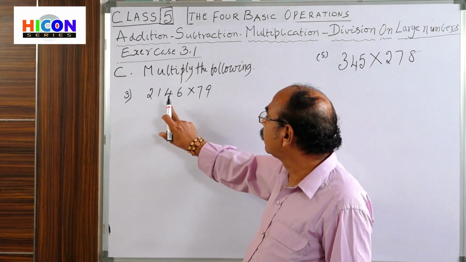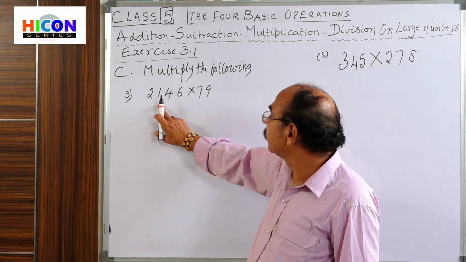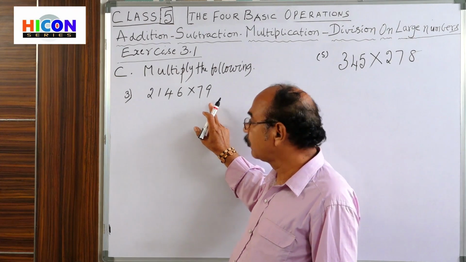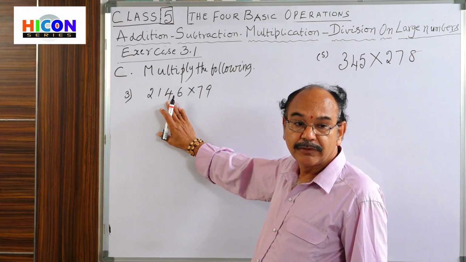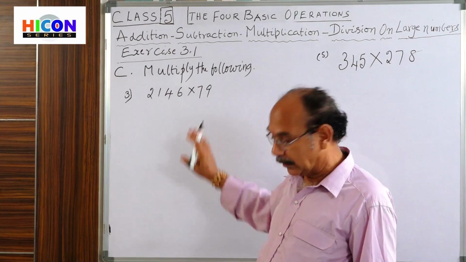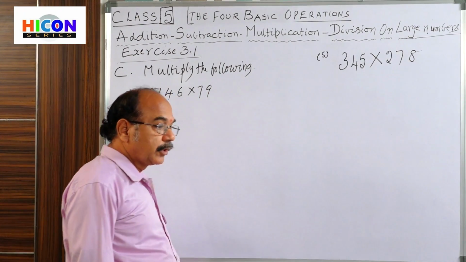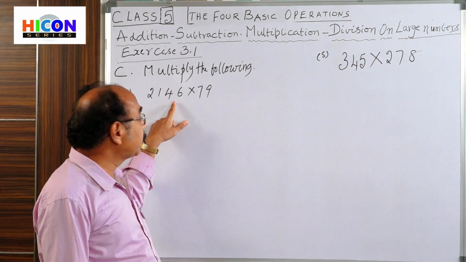This is called the multiplicand. This is called the multiplier. So, we multiply the multiplicand with the multiplier. The first number is a 4-digit number.